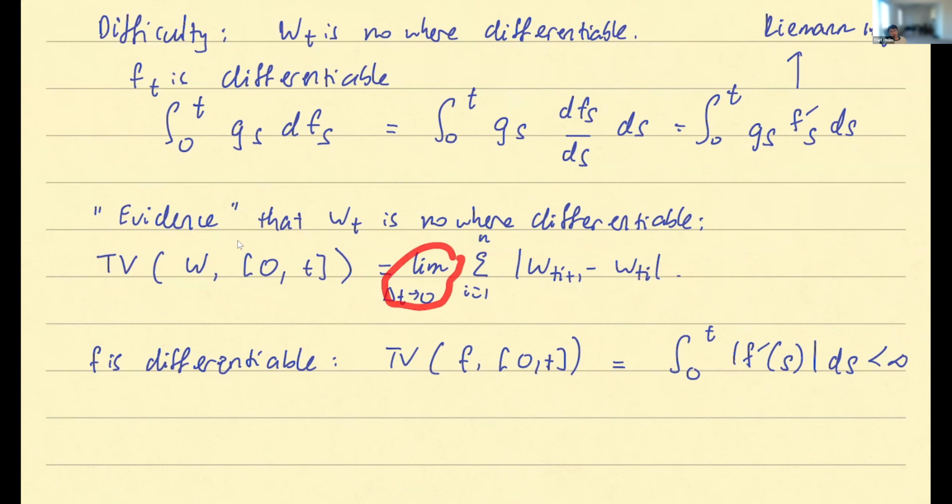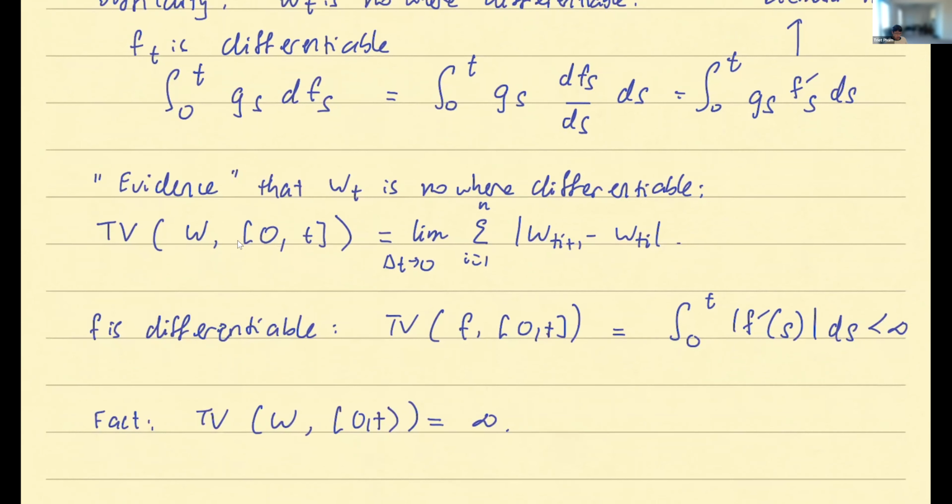So that's something you can check, and I'll ask you to do that in this week's homework. But anyway, it's just a fact for now, the total variation. And we'll also try to explain this mathematically a little bit.